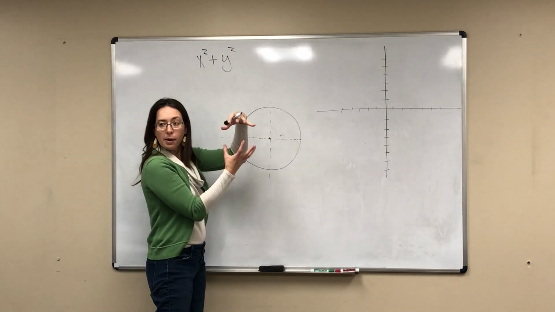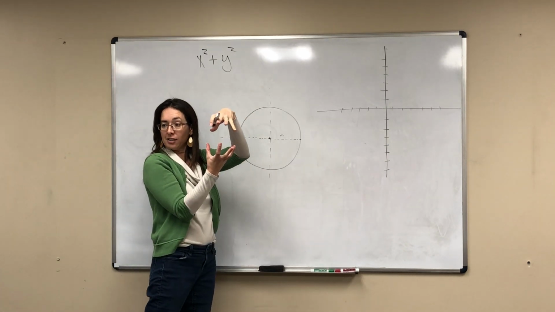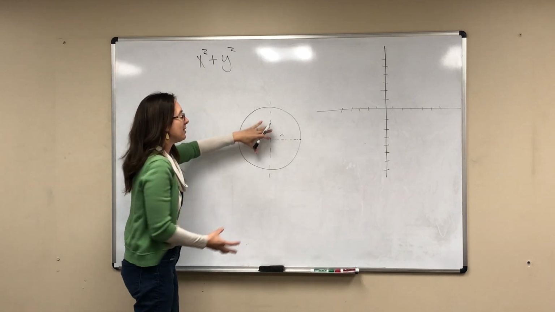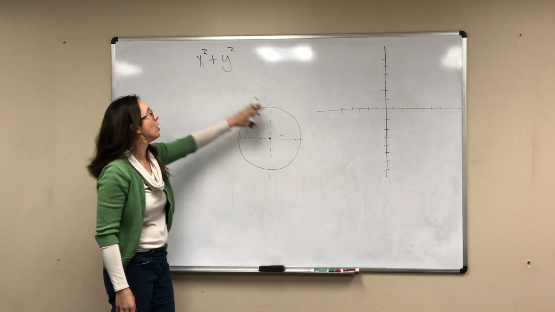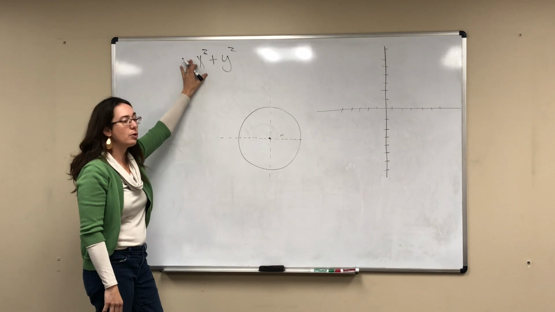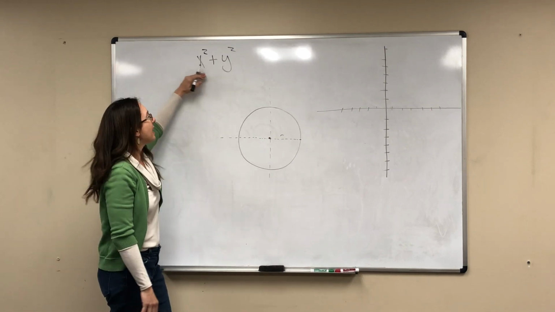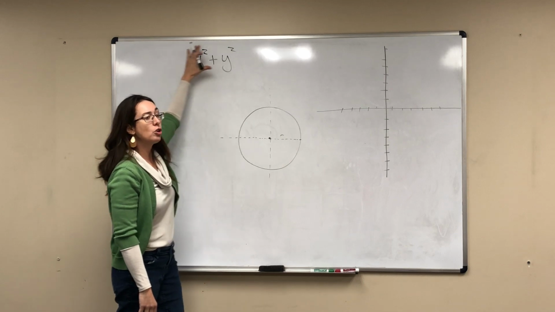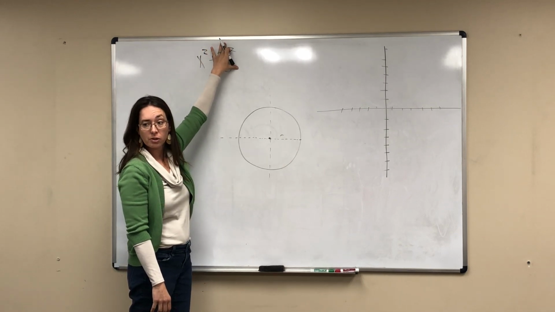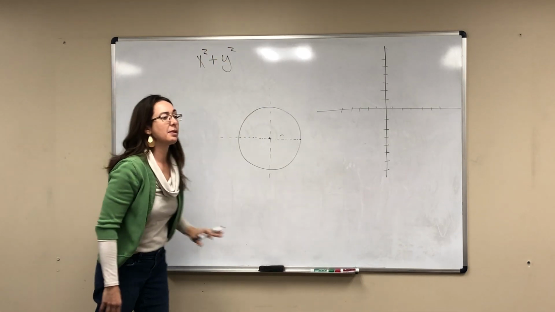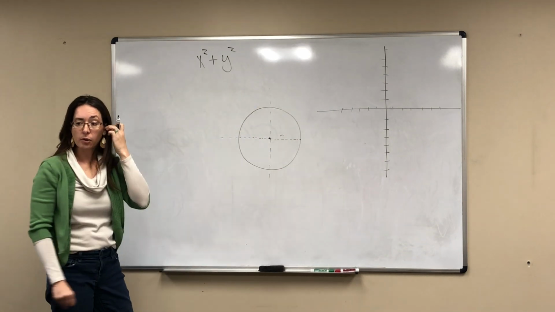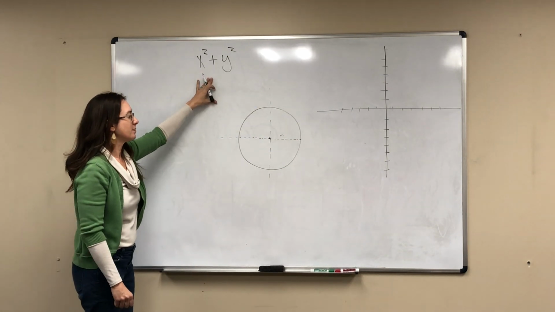Basically, we have two parabolas that we're sticking together, and we're ending up with a circle. So we're going to be working with both an x squared and a y squared. Anytime that you have two squared terms, we're dealing with something that's complete, when they're added together.